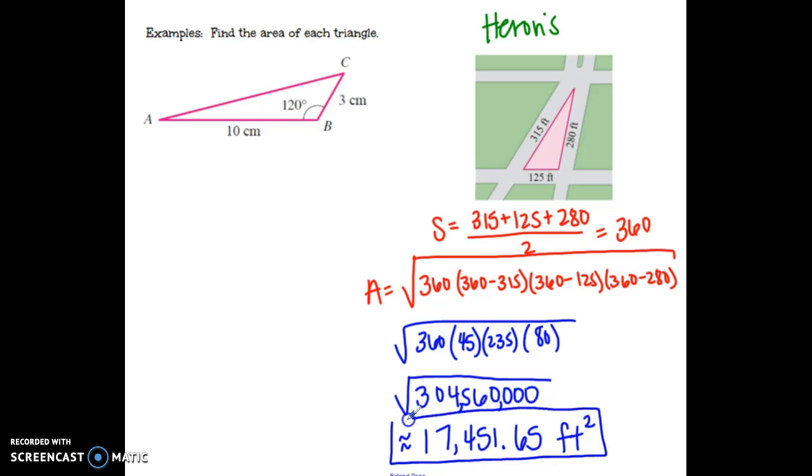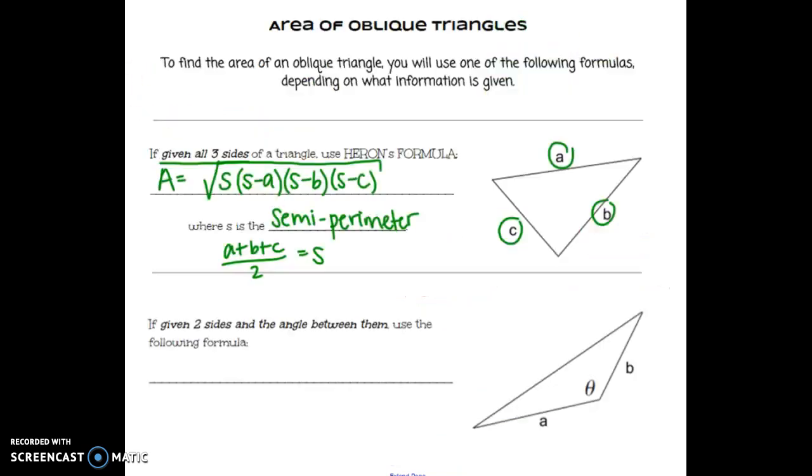So that's Heron's formula, and you can use it anytime you have an oblique triangle and you are given three sides. But of course, you're not always given all three sides. You might be given two sides with, let's say, the angle between them. In this case, you can use a different formula.